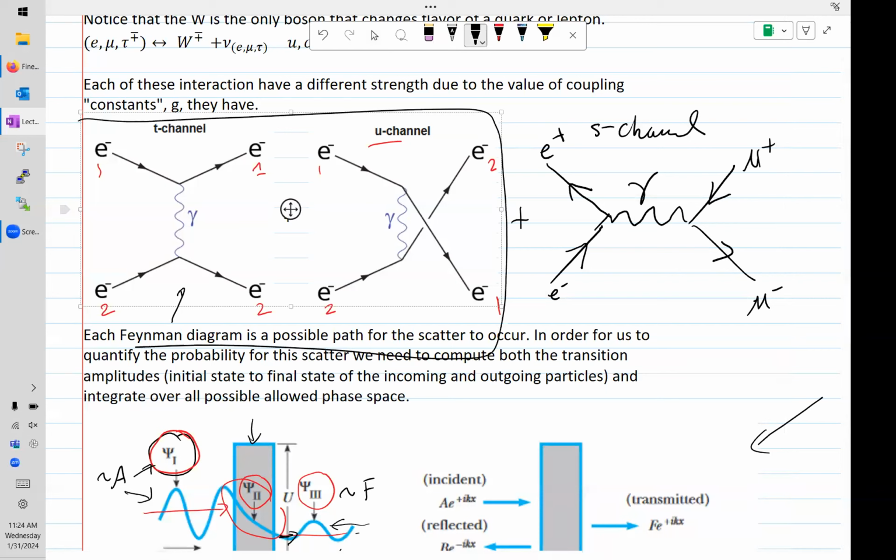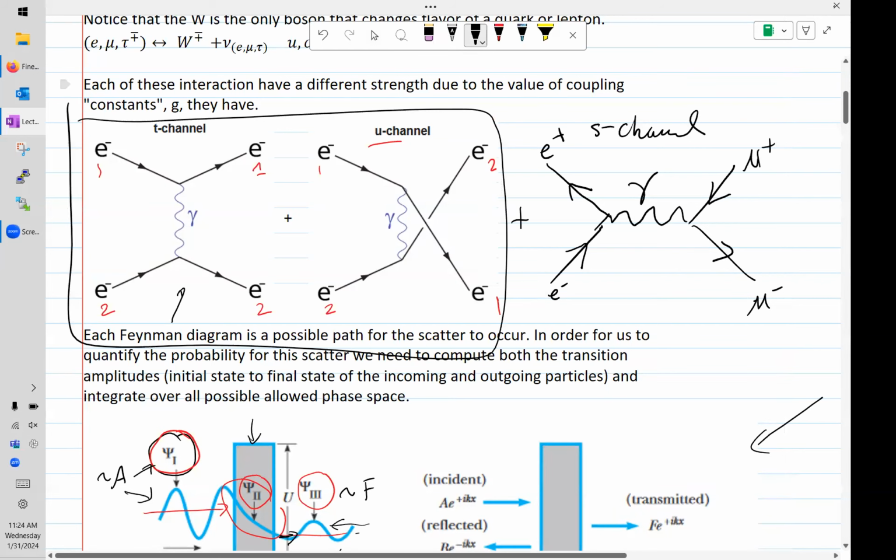Ultimately we'll add up all of the possible diagrams, and then square that to find the probability. It turns out these tree level diagrams, because they have the smallest number of vertices, are the ones that will have the highest amplitude contribution.